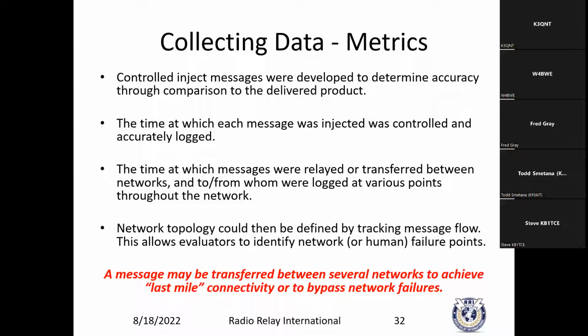Was it a radio operator error, etc.? We had a couple of cases where it was radio operator error, and some problems related to propagation that we identified because we logged the process at the inject, each relay point, and the delivery end. So we were able to identify failure points, measure message propagation time through the system, and measure accuracy.